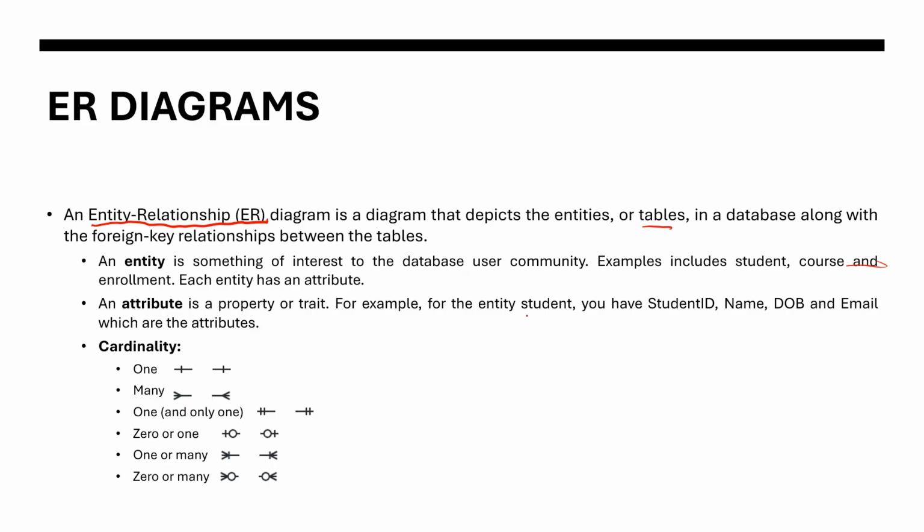Before I get into explaining what it looks like, we need to understand the concept of an entity. In a database, when we refer to an entity, we are referring mainly to a table which contains different information. For example, if you have a university database, you will have several different tables.